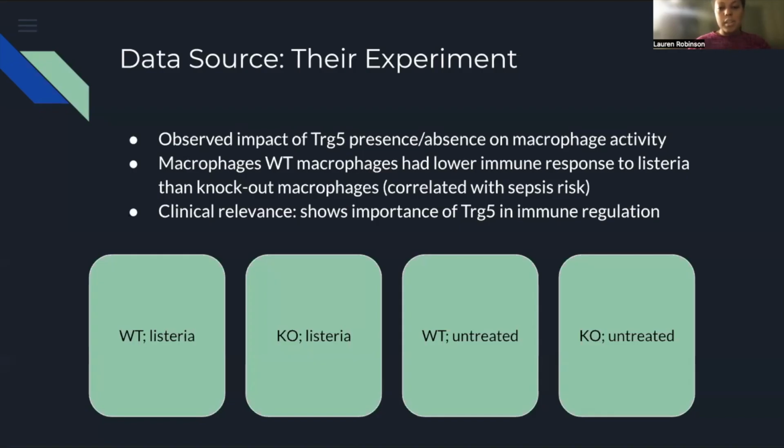Essentially, they had four different experimental groups. They had two cell types: wild type macrophages, which had the expected amount of TRG5 receptors, and knockout macrophages, which were deficient in TRG5 receptors.